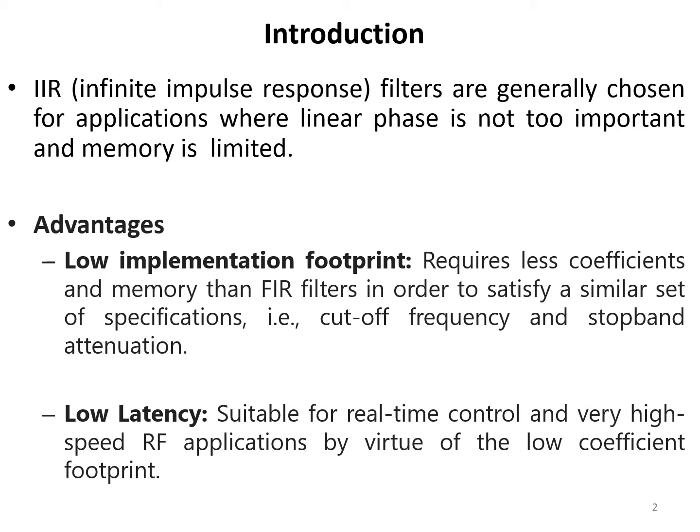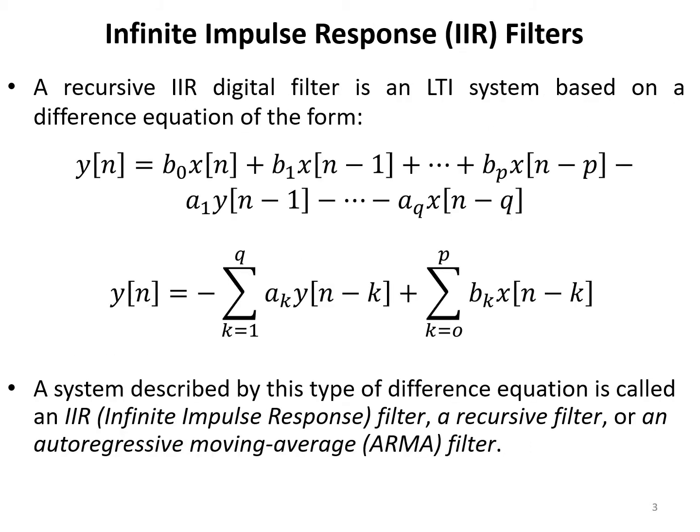Also, in those applications where low latency is required, IIR filters are more suitable. Now, an IIR filter can be represented by the equation shown here. You can see this difference equation.